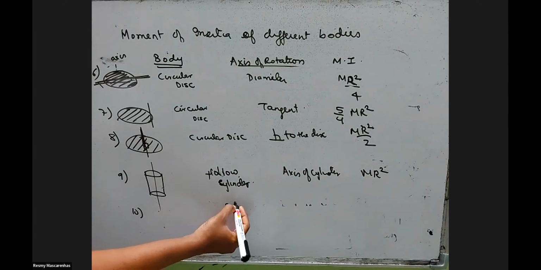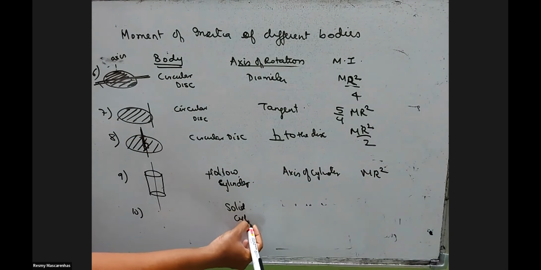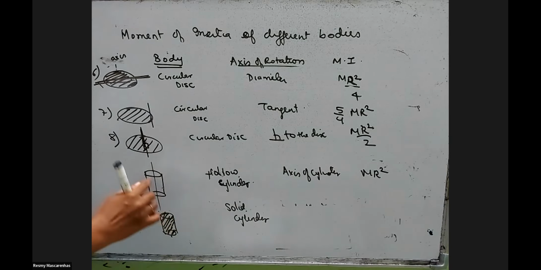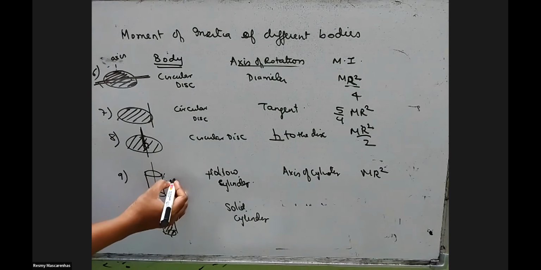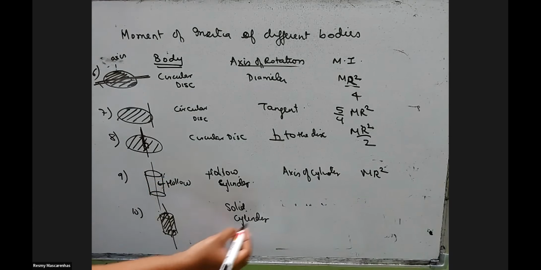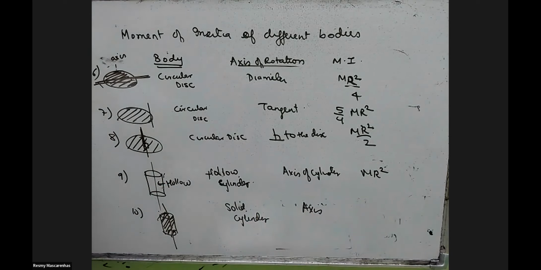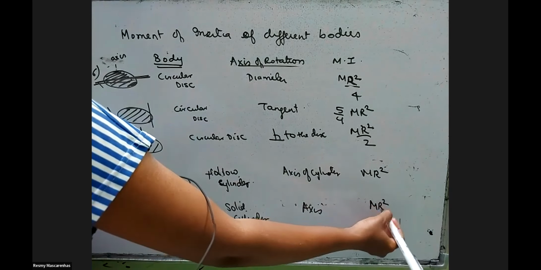Now this is a solid cylinder. It is fully packed, the whole mass, while the other is empty, hollow inside. This will be MR square by 2.